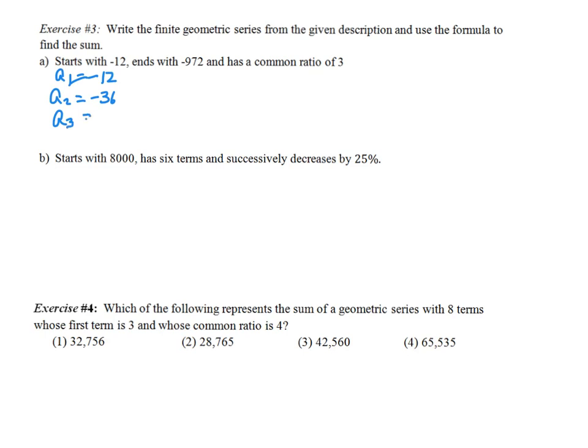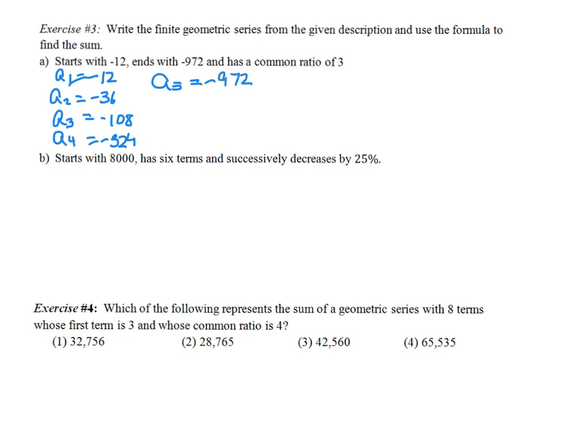A3, multiply by 3, that's giving me negative 108. A4, keep multiplying by 3, so that's negative 324. And I finally get to A5, when I multiply by 3 again, that's negative 972.